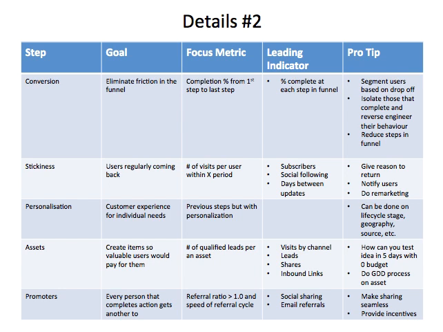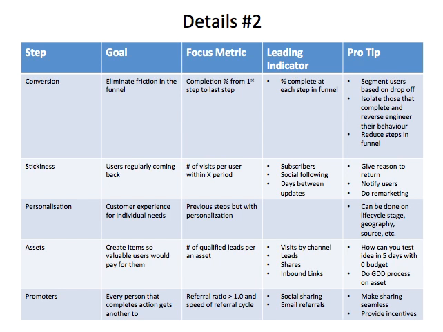The focus metric there is completion percentage from first step to last step, and your leading indicators can be the percentage complete of each step in your funnel. Now ideally a funnel is as short as possible, so you want to have a 1 or 2 step funnel, but that's not always possible.